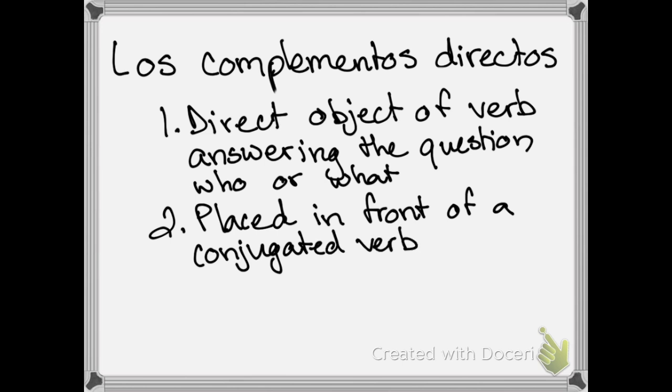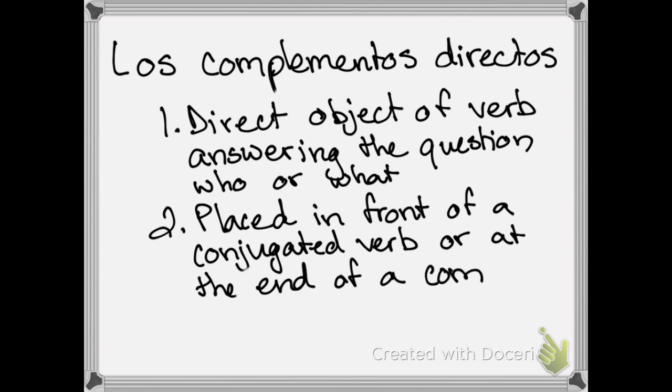They're placed in front of a conjugated verb or at the end, attached onto, right? Or on the end of a command, right? Like, háblame, talk to me. At the end of a command or infinitive.